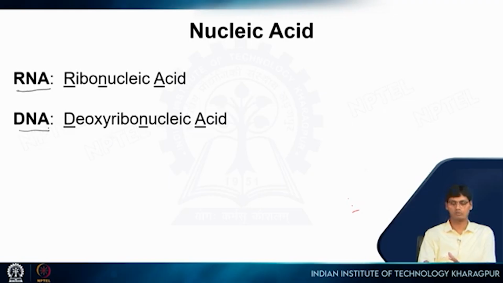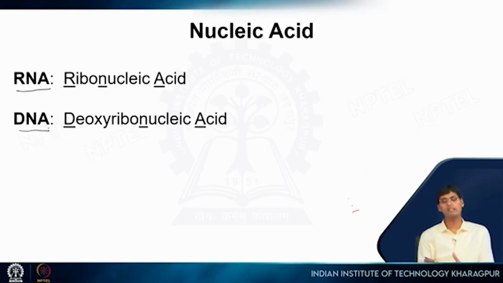Almost in the 1870s, 80s, during that time, scientists discovered some acidic substances present in the nucleus. That's why this name came, nucleic acid: acidic substances present in the nucleus.